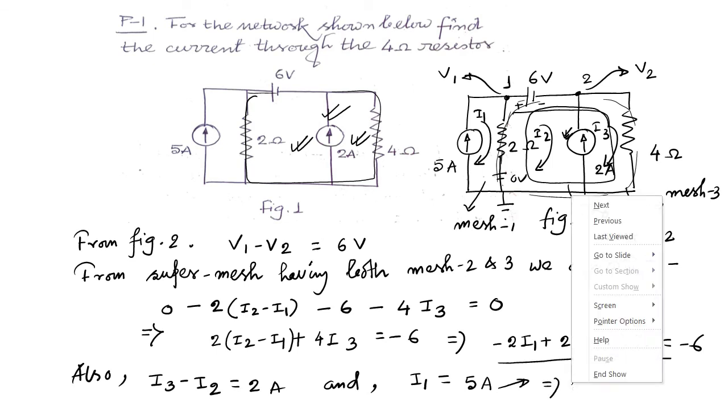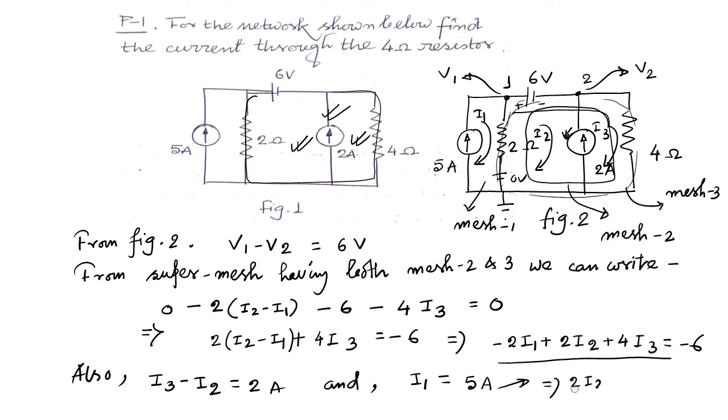We get 2I2 plus 4I3 equal to minus 6 plus 2 into 5, which is equal to 4. That means I2 plus 2I3 equal to 2. So this is one equation, I2 plus 2I3 is equal to 2, and another equation is I3 minus I2 is equal to 2.